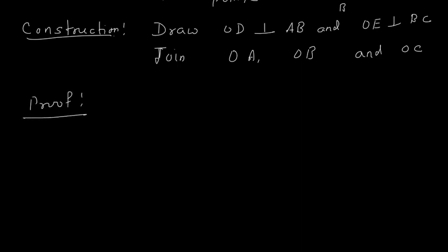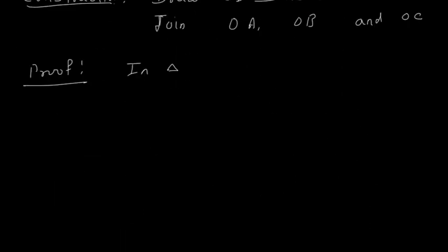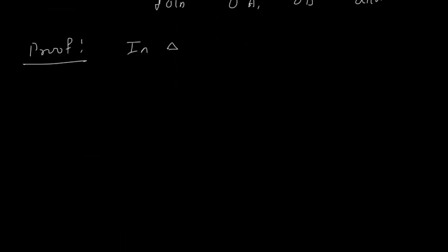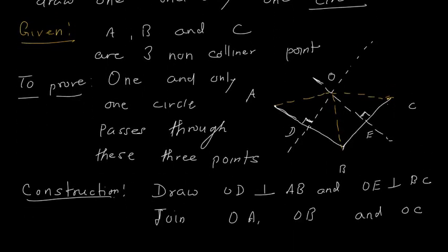Now I will take two triangles, triangle OAD and triangle OBD. In these two triangles, AD equals BD, as this is a perpendicular bisector.